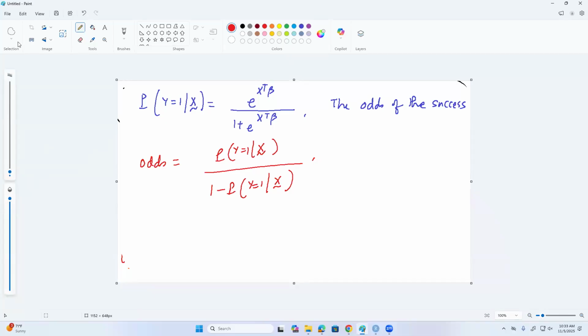That ratio is the odds of the success. Now, think of that. Suppose x has two predictor variables, and the design matrix x is like this: x1, x2. Why do I take two predictors? Because otherwise I have to write many terms. For simplicity, just take two predictors.